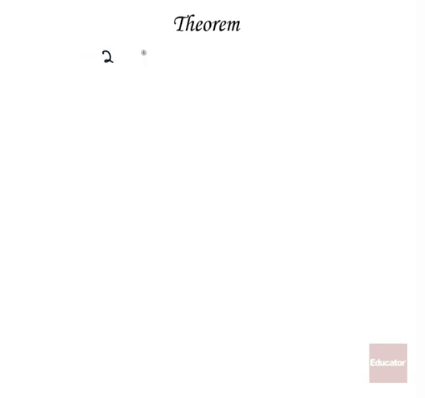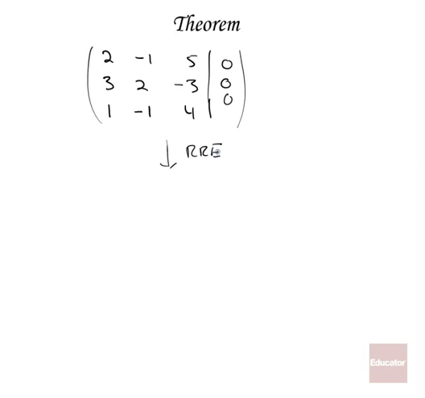So we do 2, negative 1, 5, and we just take the matrix and the linear system and subject that to reduced row echelon: 3, 2, negative 3, 1, minus 1, 4. Reduced row echelon form, we get the following. We get 1, 0, 1, 0, 0, 1, negative 3, 0, and 0, 0, 0, 0.